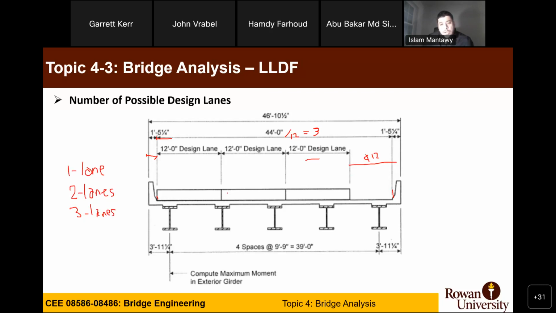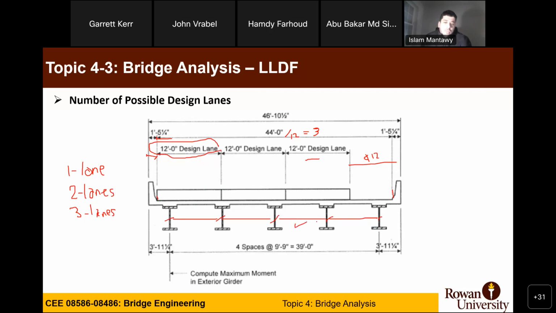And you need to really make a difference between what is a design lane and what is a layout of your bridge girders. They are not related to each other. Before, in assignments 2 and 3, I didn't mention anything about the design lane and how the truck will move over the bridge, but I asked you to lay out the girder, correct?